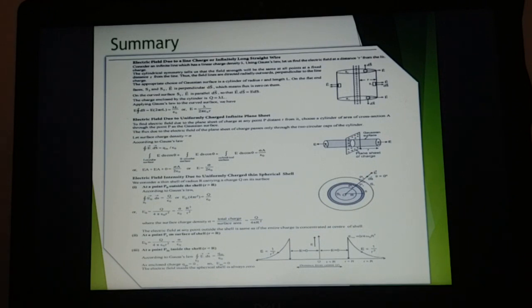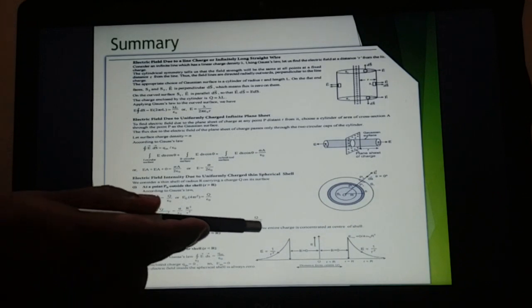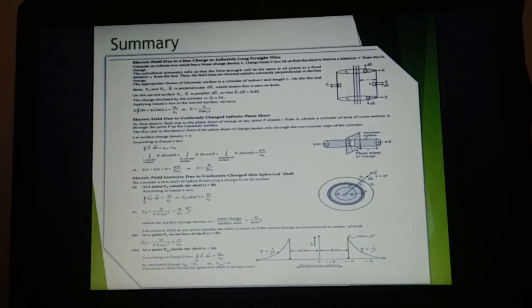In the first equation, that is E is equal to 1 by 4 pi epsilon 0 q by r square, that small r you have to replace by capital R. So the equation will become 1 by 4 pi epsilon 0 q by capital R square. That is the electric field intensity on the surface. So we can say that outside the shell and on the surface electric field intensity is available. That is 1 by 4 pi epsilon 0 q by small r square outside, 1 by 4 pi epsilon 0 q by capital R square on the surface.